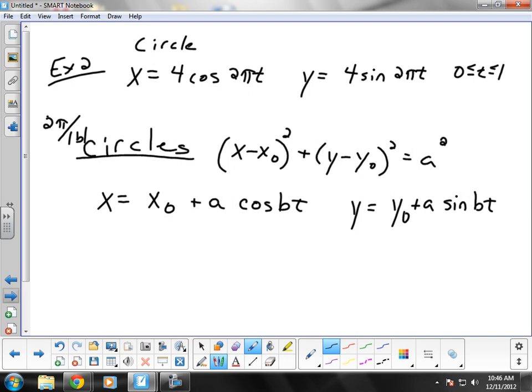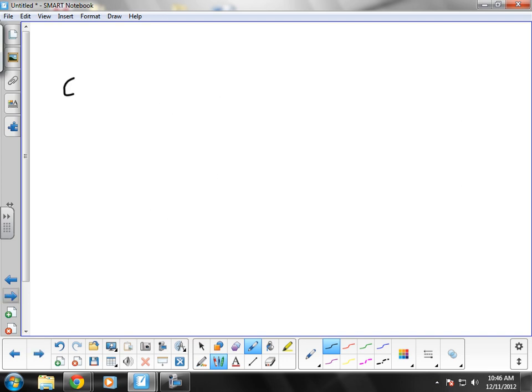All right. So let's just talk about doing that. Example 3. So we got this circular path. We got a turtle. It's walking with a constant speed in a counterclockwise direction on a circular track of radius 4 feet, centered at the origin.